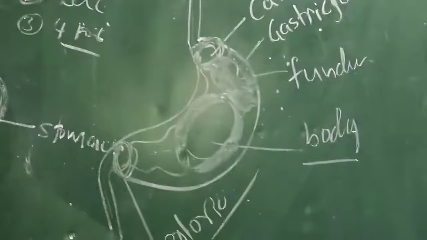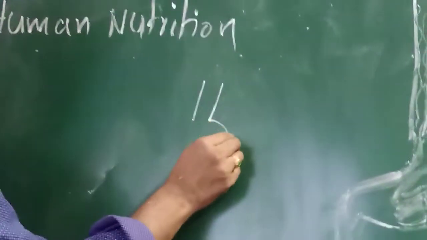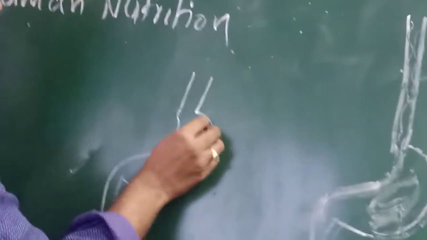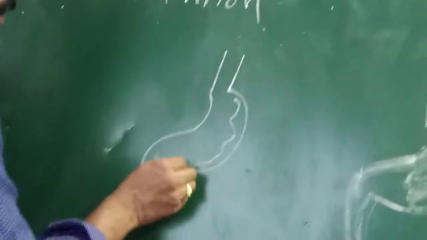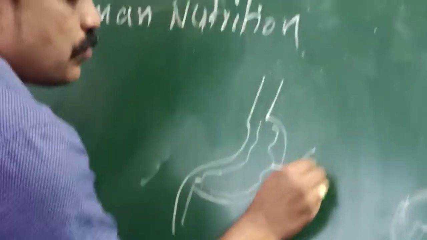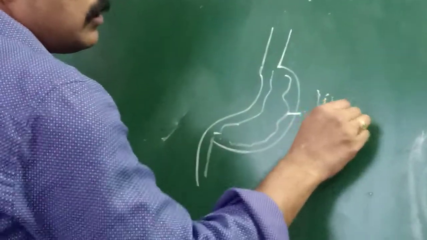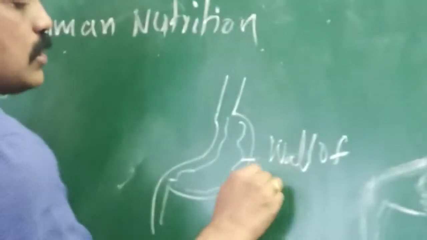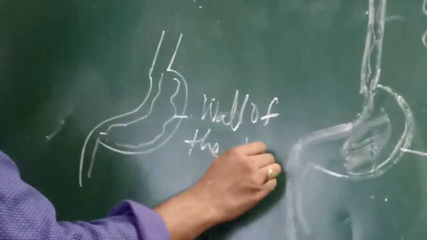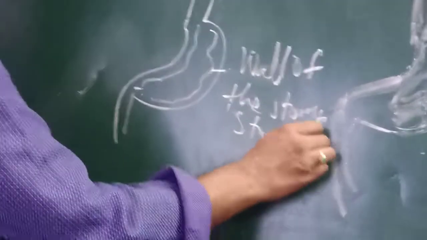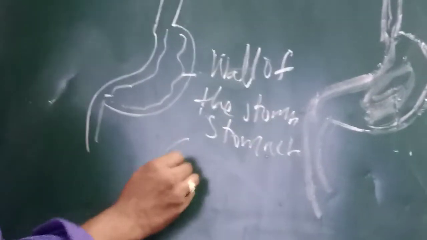In the walls of the stomach, gastric glands are located.